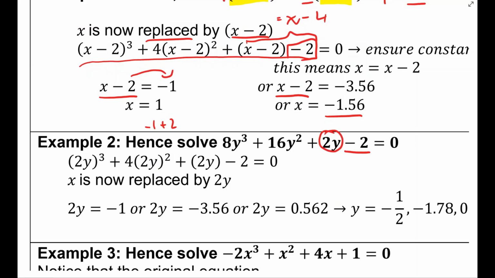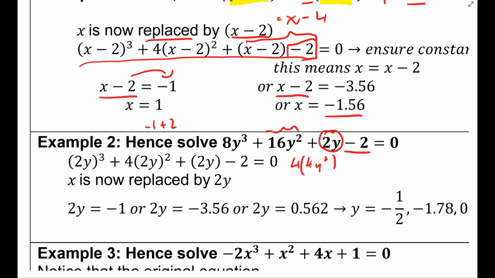So once you see a direct comparison of x becoming 2y, there's a chance that this replacement will be x equals 2y. Now you can verify with the other terms in this polynomial. You want your coefficient for this one to be 4, so you factorize out 4, and what's left will be 4y squared.